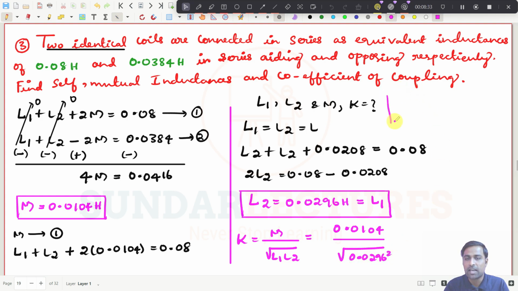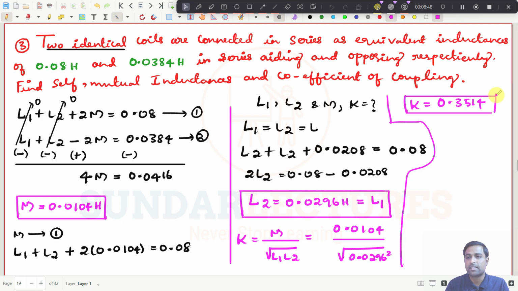So finally, the value of the coefficient of coupling will be equal to 0.3514. This is the final answer. We have got all the values: M, L1, L2 and K.